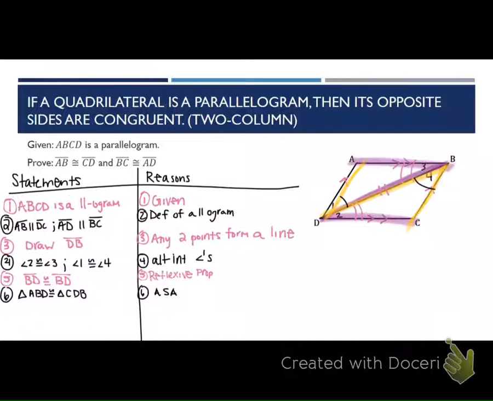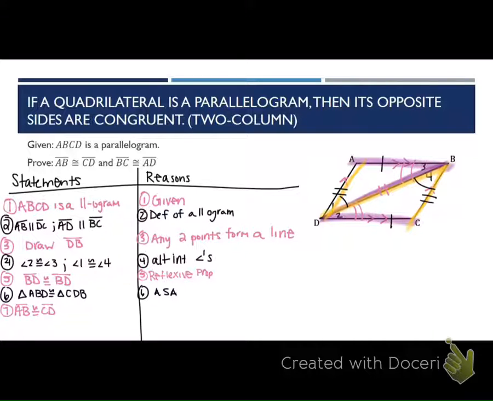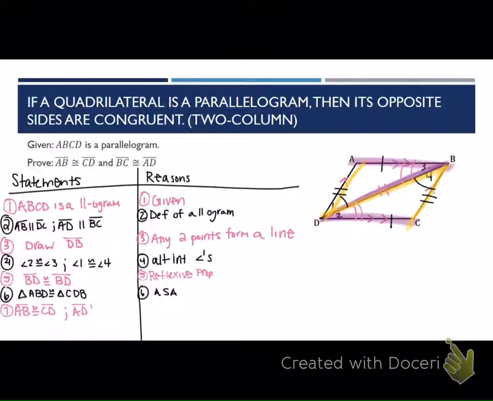So now we can use CPCTC. Finally, right? Corresponding parts of congruent triangles are congruent. So AB is congruent to CD, and AD is congruent to BC, by CPCTC.